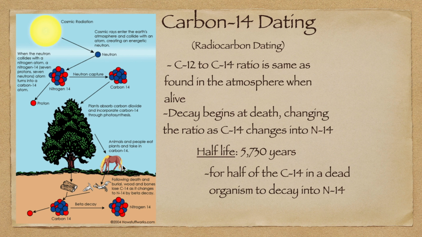So if C14 is changing into something else, N14, but the C12 stays the same, then that ratio is changing. There's less and less C14 and more N14. We know that carbon-14 decays at a constant speed. It's always the same.